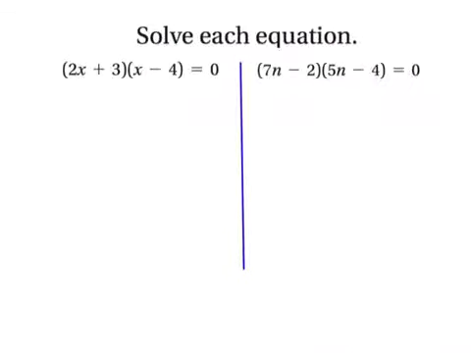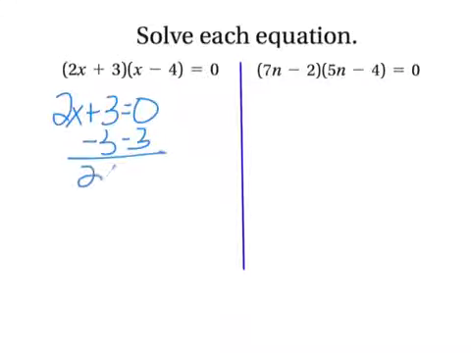Here's some more. These ones are a little trickier because now they have a coefficient, but my steps are still the same. Split them up, set them both equal to 0, so 2x plus 3 equals 0. Solve it, subtracting 3 on both sides, getting me 2x equals -3. Divide by 2, and x equals -1 and 1/2.